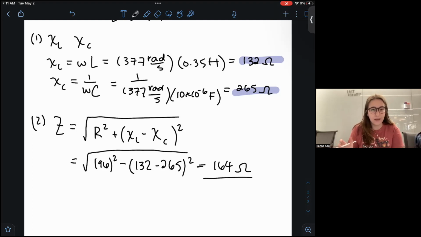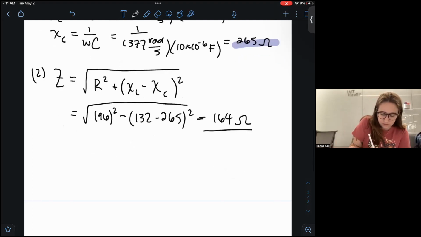And then we want to find the phase angle phi between these.